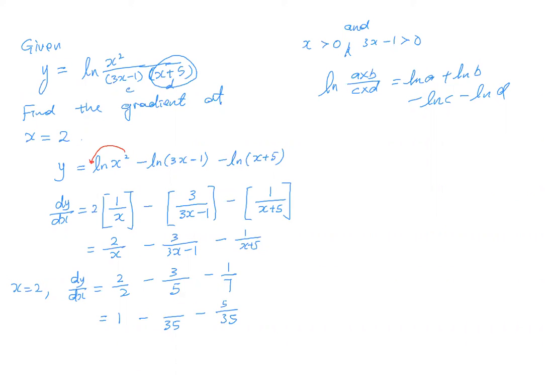Here will be 5, here will be 21. So it will be 35 minus 21 minus 5 divided by 35. So the answer will be 9 over 35. Are you okay?